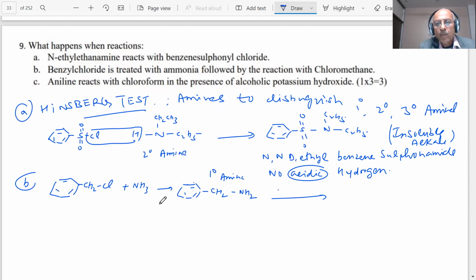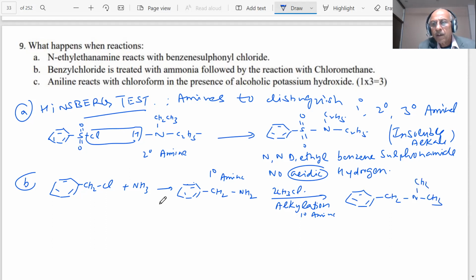Then react with chloromethane. So you have studied the alkylation reaction. Alkylation of 1 degree amine. Here there are 2 hydrogens. So what can happen? Students, if I use 2 of this, CH2 and CH3, CH3. So you will get N,N-dimethyl benzylamine.